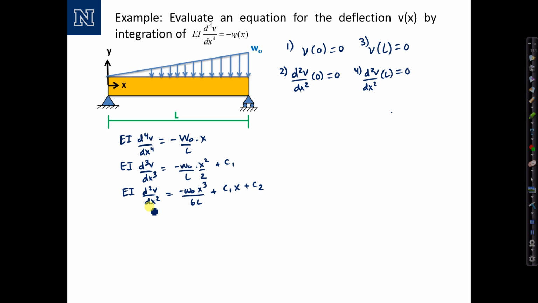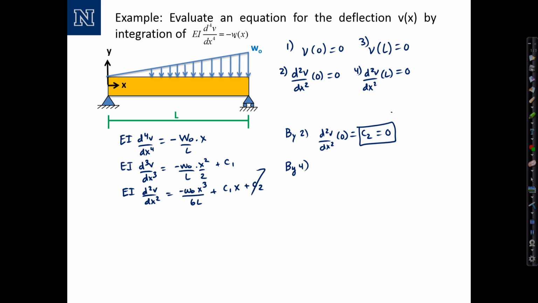Now 2 of our boundary conditions are conditions on the second derivative, so I'll go ahead and apply those now while it's convenient. Let's start with boundary condition 2 because it's applied at 0. We'll see that it's going to lead to a dropout of one of the coefficients. d squared v by dx squared at 0 is equal to first term is 0, second term is 0, c2 equals 0. Therefore, we conclude that c2 has to be equal to 0. I'll cross it out there.